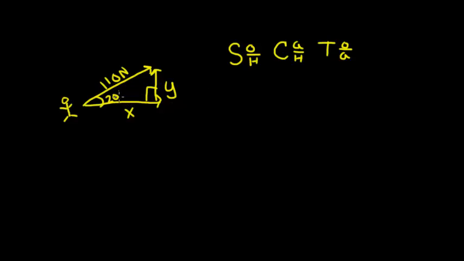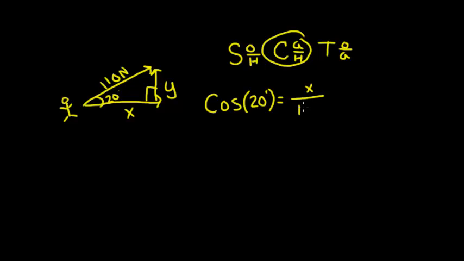X is adjacent to the angle that we know, and we know the hypotenuse. So we need a fraction that has adjacent and hypotenuse in it. This would be cosine. So we'll write it out as cosine 20 degrees equals adjacent, which is x, what we're trying to find, over the hypotenuse, which is 110 newtons.